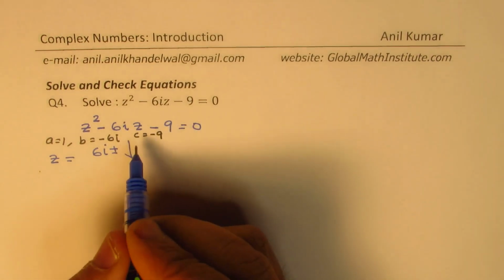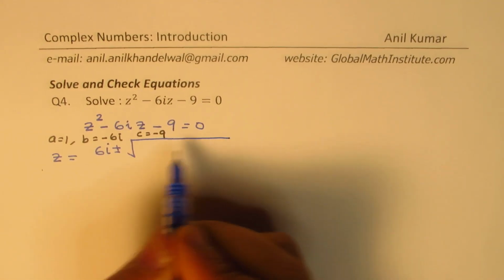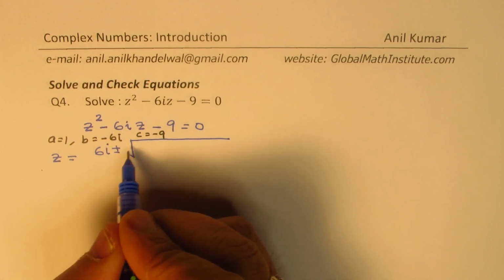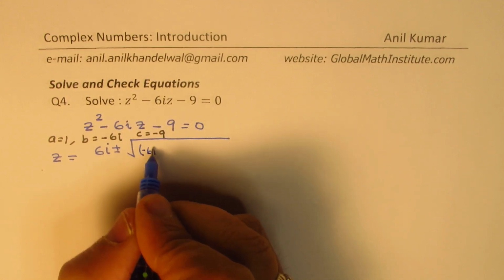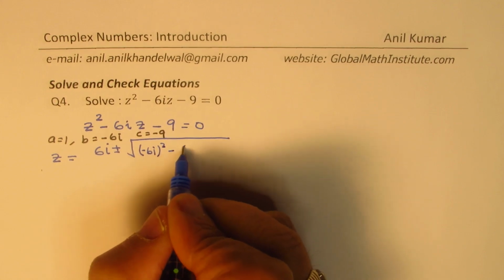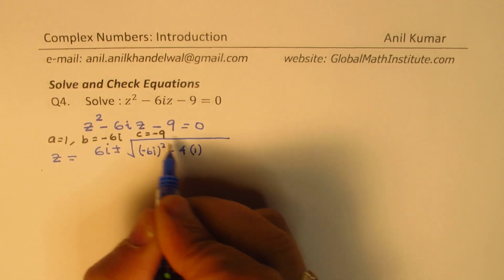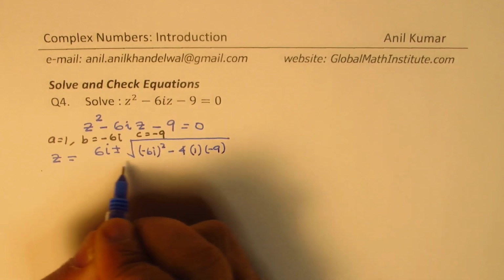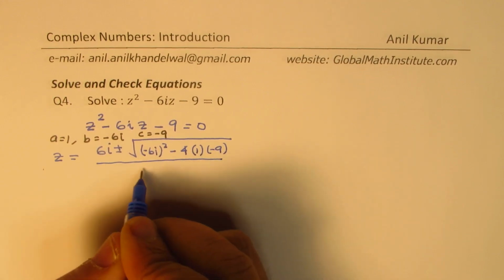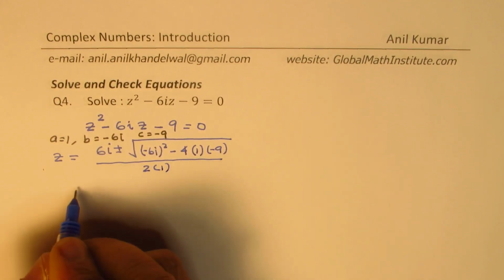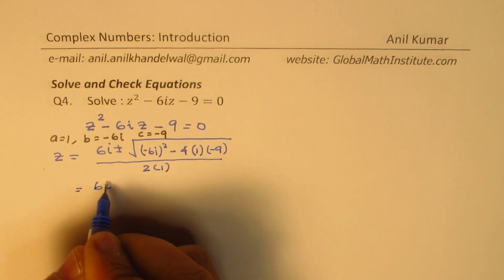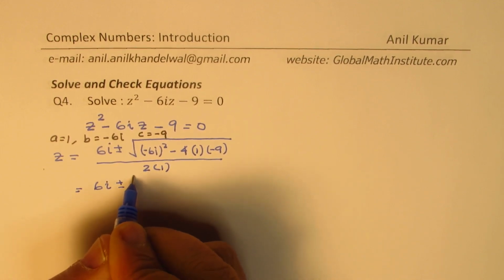Okay. So b squared, minus 6i whole square, minus 4 times a, which is 1, and c, which is minus 9, divided by 2 times 1. Clear? So we get 6i plus minus the square root.